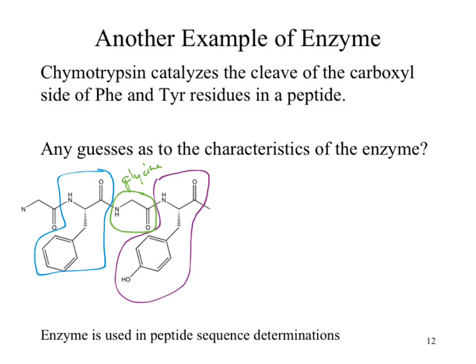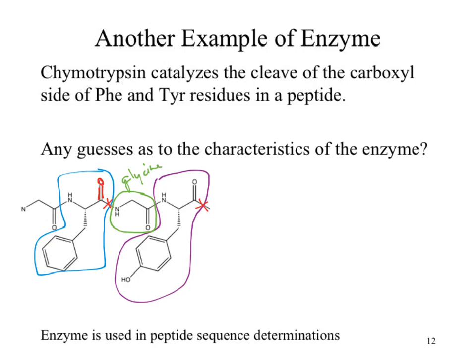We're cleaving at the carboxyl side of phenylalanine or tyrosine. It's going to be the right side. This is where our carboxyl end would be. We'd be cleaving here, and in this case, we'd also be cleaving out there, which I didn't draw very well because there'd be more sequence out there. But that's where our chymotrypsin would cleave, the carboxyl side of those amino acids.